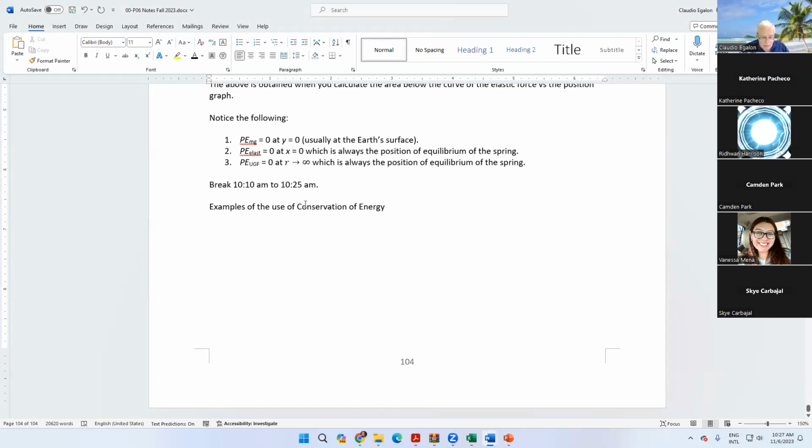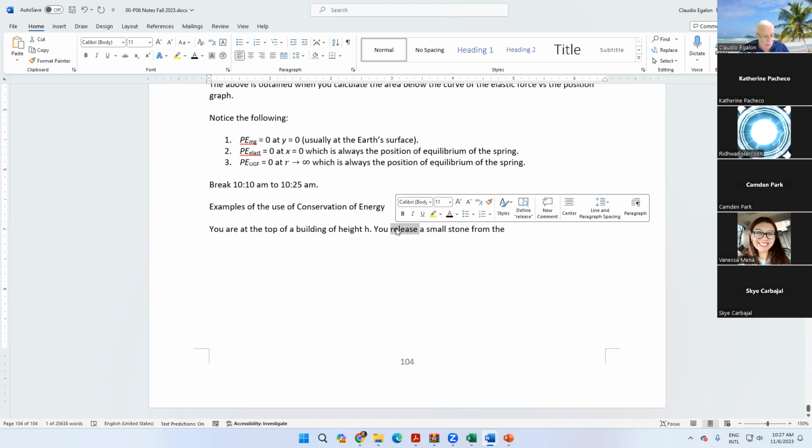Here you go. Using conservation of energy, you are at the top of a building of height h. You release a small stone. Release, remember? I don't propel it, I release. Release means V naught equal to 0.